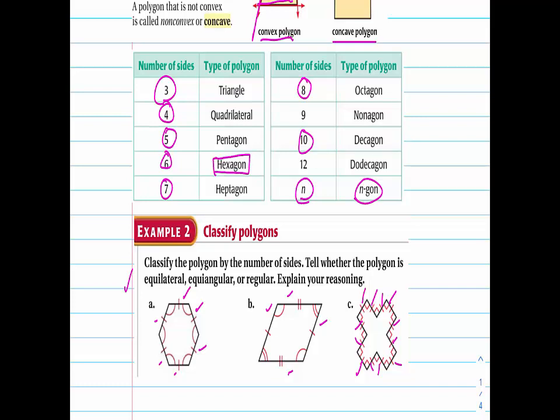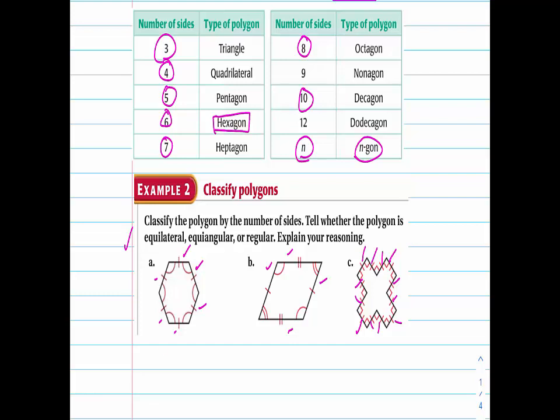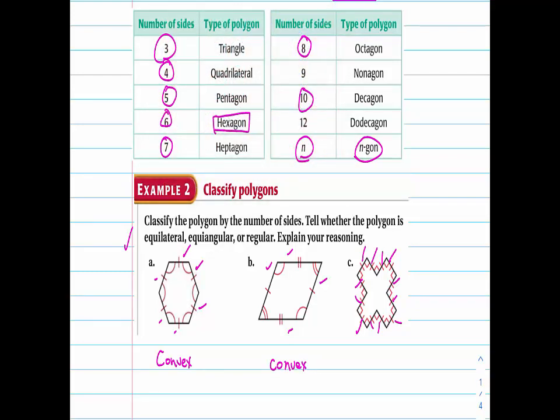Okay? Now, let's classify them according to convex and concave. This one is convex. This one's convex. Now remember why it's convex. If we are at any line segment, if we extend it out and make a line, that line does not pass through the polygon.